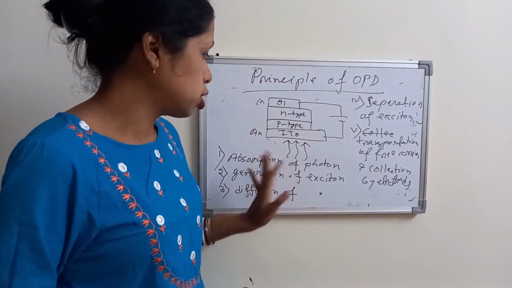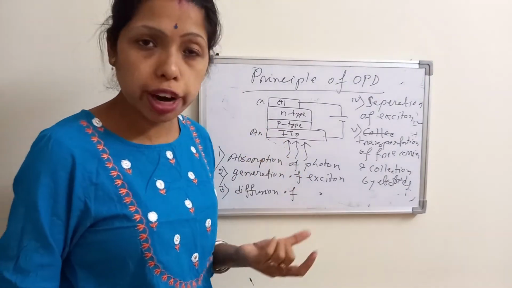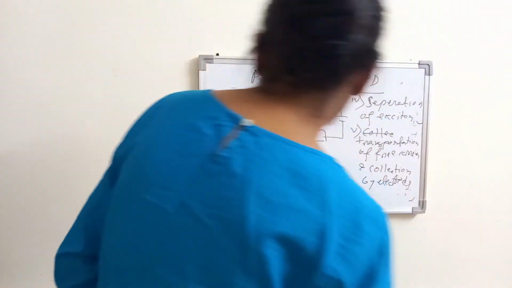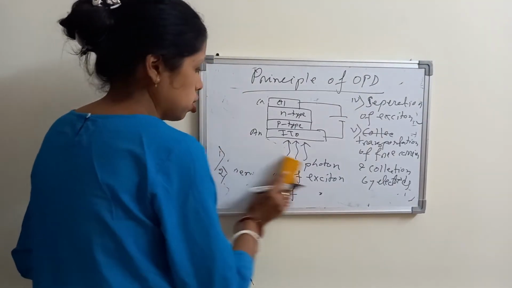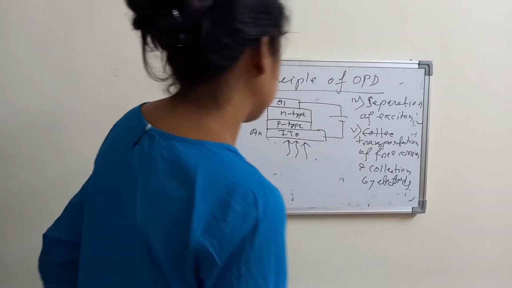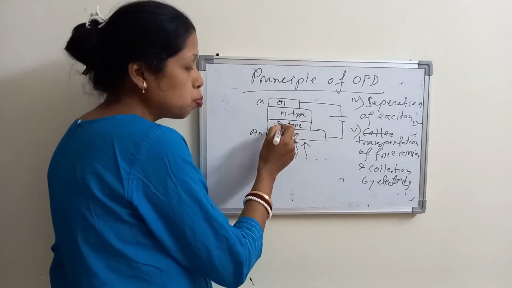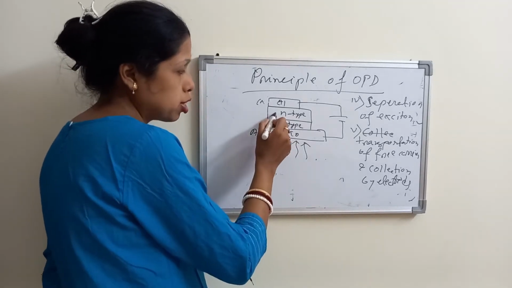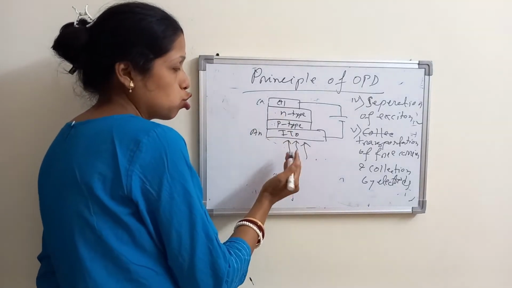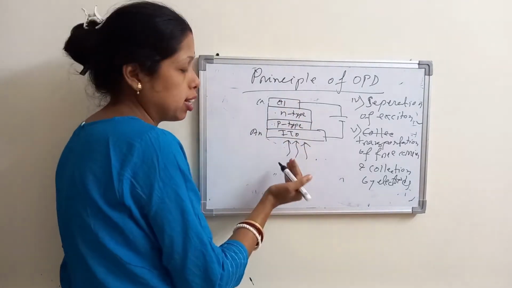First, I will talk about this procedure. For absorption of photon, what is our requirement? As light is transferring through the ITO layer, absorption will take place in the p-type layer, because if it took place in the n-type layer, light would have to penetrate into the device and pass through multiple layers.